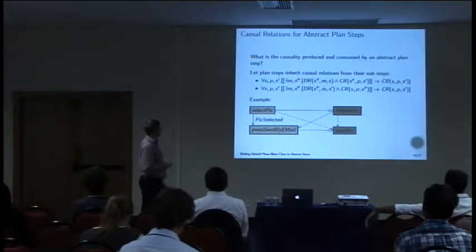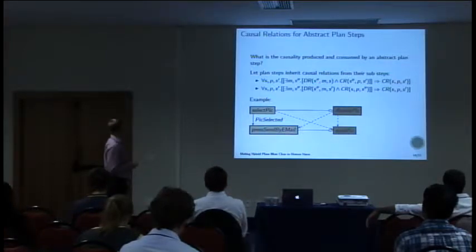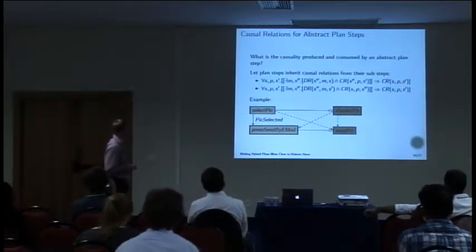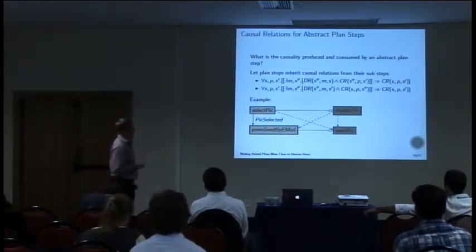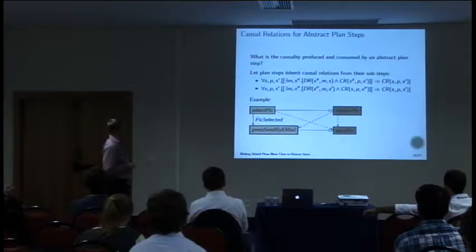And this is actually captured by these two axioms. So this first axiom says, if you have a plan step S double prime, in this case select pick, which is a substep of display pick, or S in this axiom, and you have a causal relation between S double prime and S prime, in this case select pick and present by email, you can actually derive a causal relation between S and S prime, so in this case display pick and present by email.